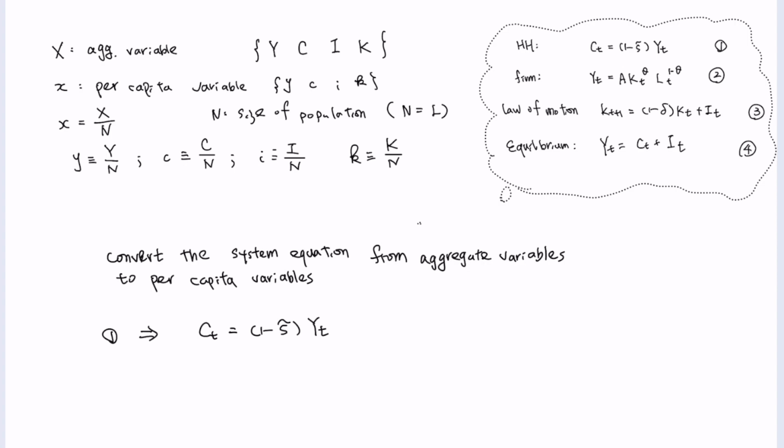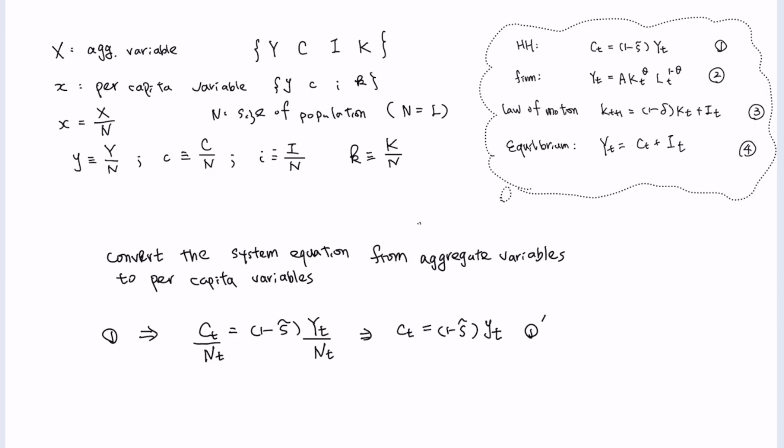So if we divide both sides of the equation by the size of the population, we will be able to successfully convert the first equation into an equation expressed in per capita variables, that is the lowercase consumption, which is the consumption per capita, equal to a portion of the output per capita, keeping the original equation hold.